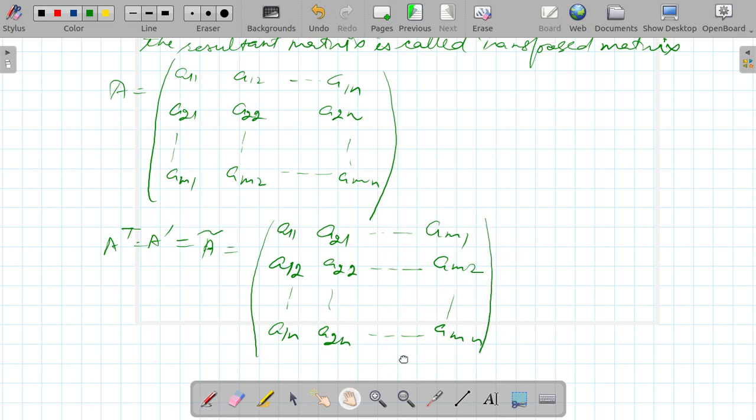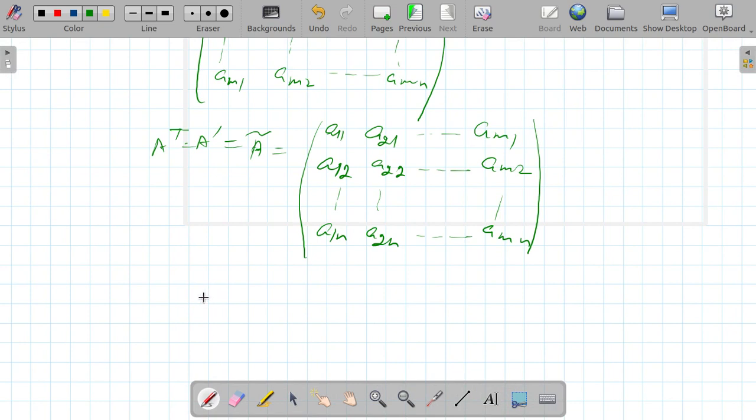And in short form, the transpose of Aij, of order m by n, can be written as Aji with the order interchanged. So it will become n by m.